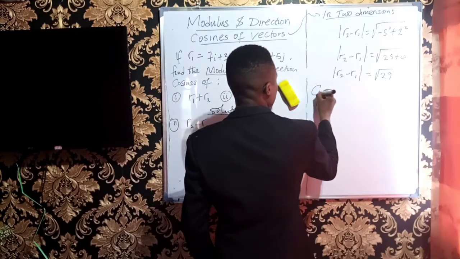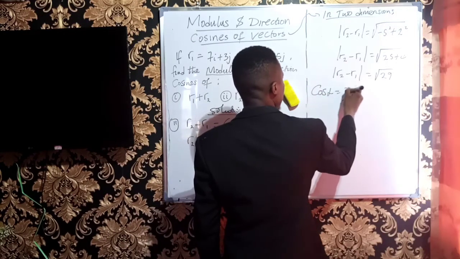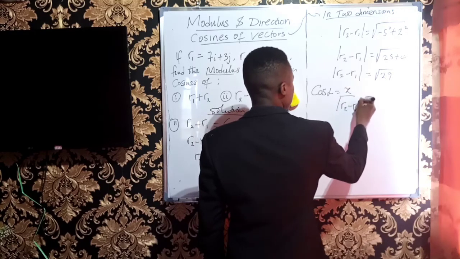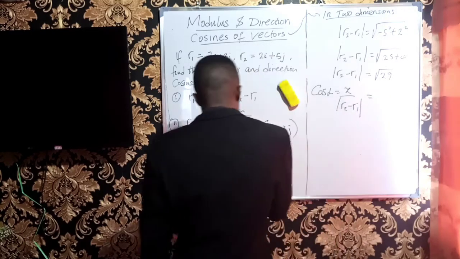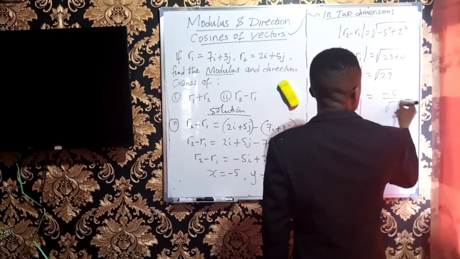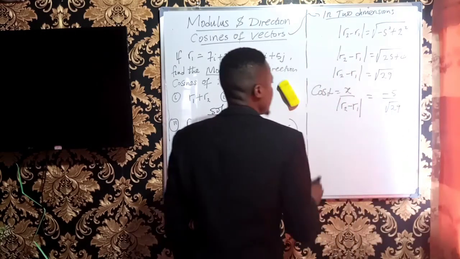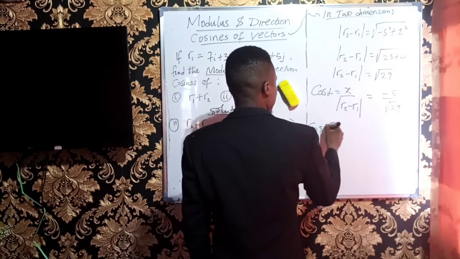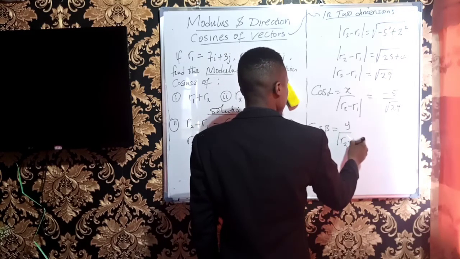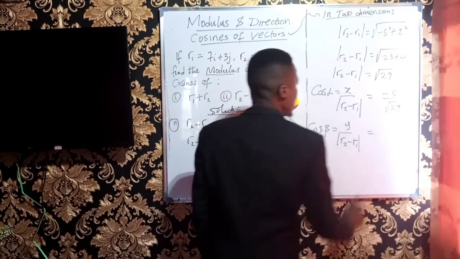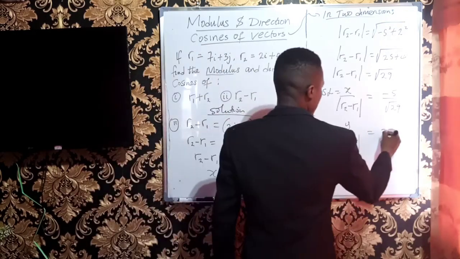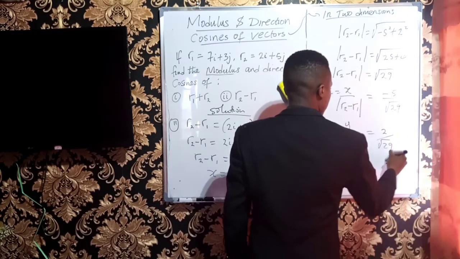Direction cosines: cos alpha will be x over the modulus of r2 minus r1. My x is now minus 5, over the square root of 29. Cos beta is just y over the modulus of r2 minus r1, and my y is 2, to give me 2 over root 29.